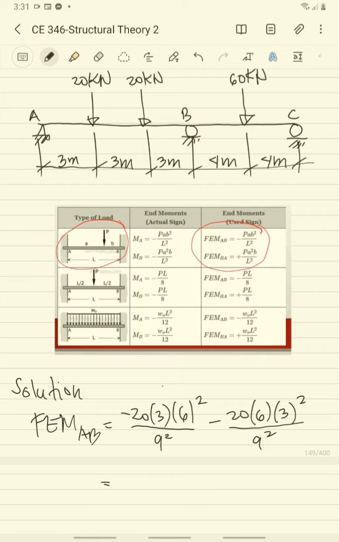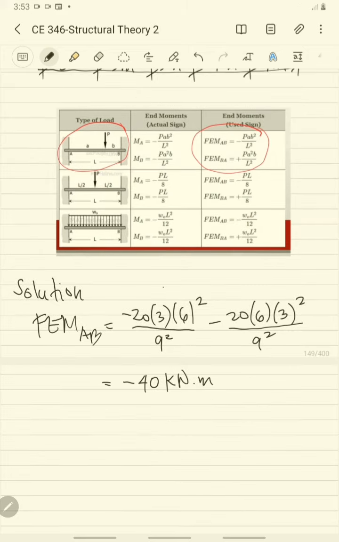That is negative 40. The unit is kilonewton meter.